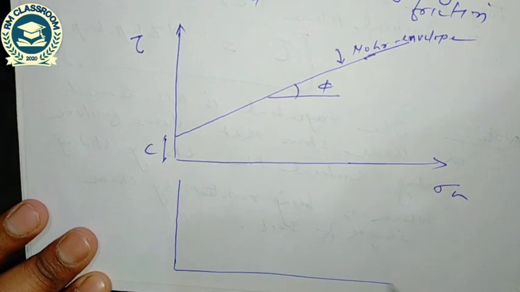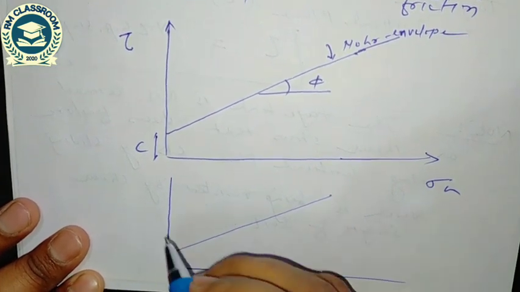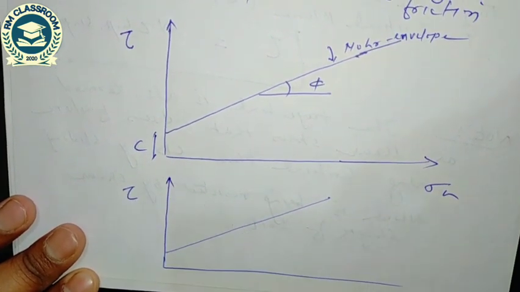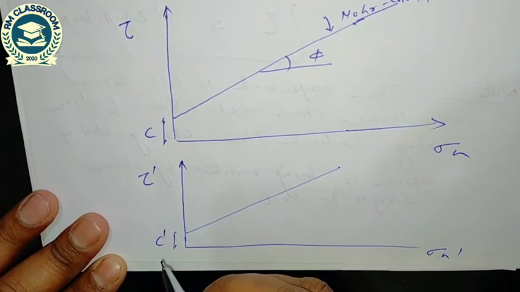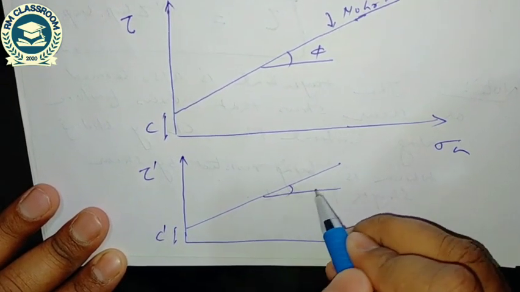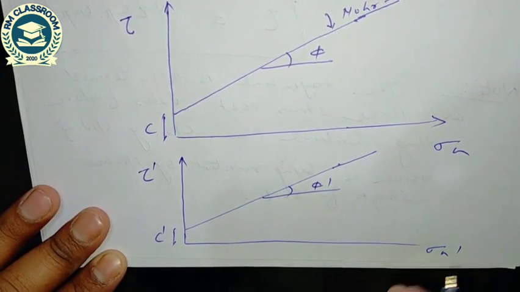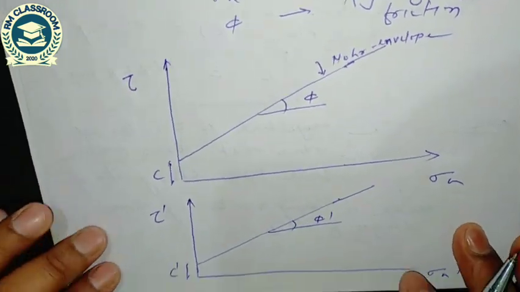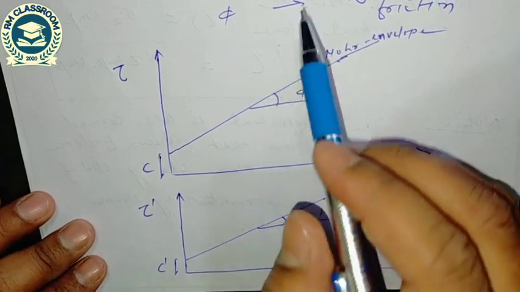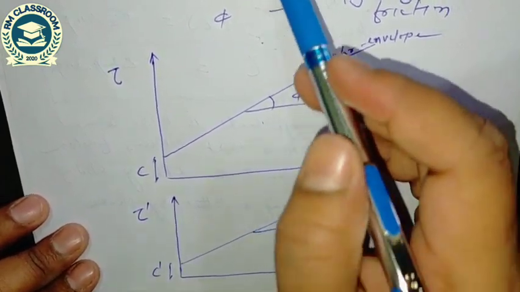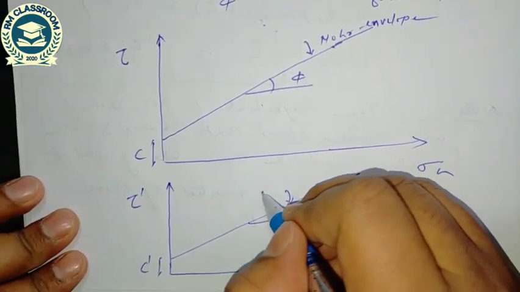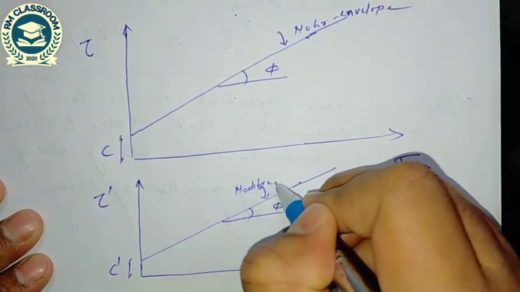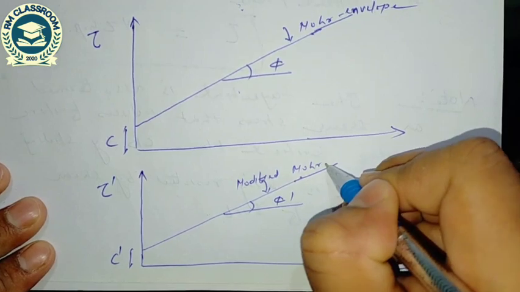So this is the modified Mohr-Coulomb's equation. Sigma n dash, this value is effective cohesion and this value is effective angle of internal friction. So we have seen in the shear strength of soil how it will come, and this is also modified Mohr envelope.